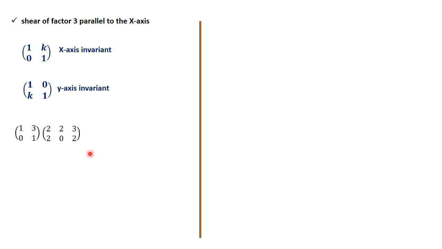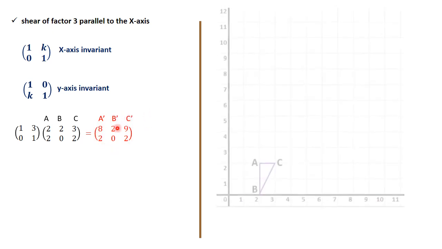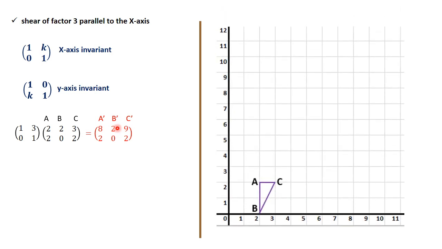We multiply that with the coordinates of the triangle that we were given, and that gives us the coordinates of the triangle that we want, which is that one there. Now, x-axis invariant means the coordinates will appear like that, and just in case, we draw it. It will be A'B'C', that one there, and the object will be that particular one there. Does it look parallel to the x-axis? I think it does.